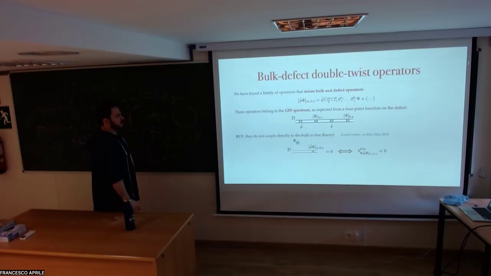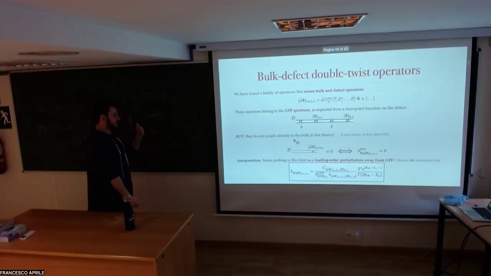Another feature of these operators is that they do not couple directly to the bulk-defect theory, in the sense that the bulk-defect 2-point function in free theory between this double twist operator and the external bulk field is identically zero. So the interpretation is that in this limit we can consider them as leading order perturbation away from GFF. The new relevant piece of CFT data that we compute is exactly this correction to GFF, which couples the external bulk field with the double twist operator on the defect.